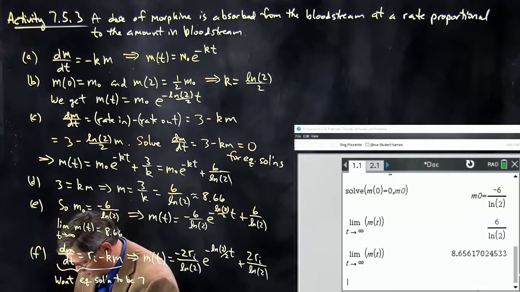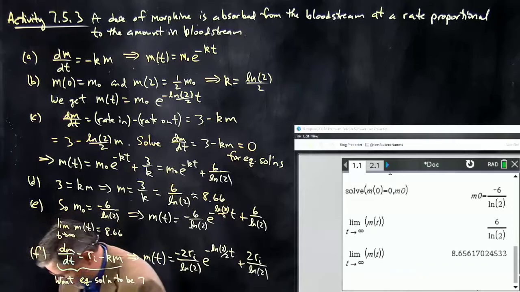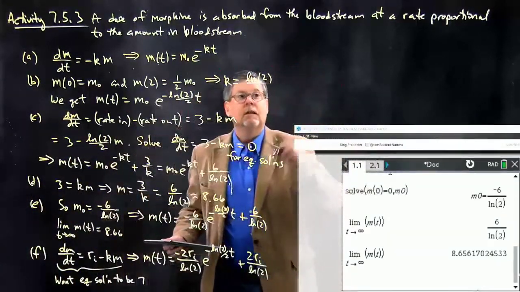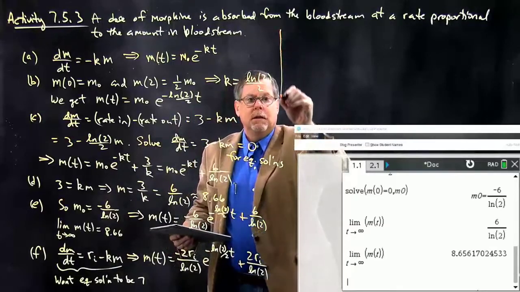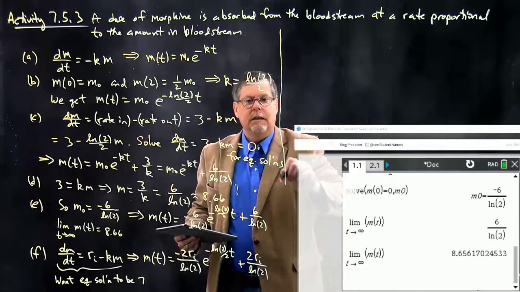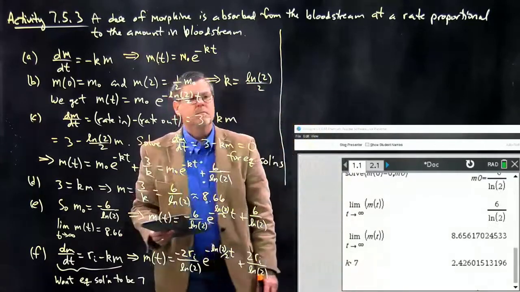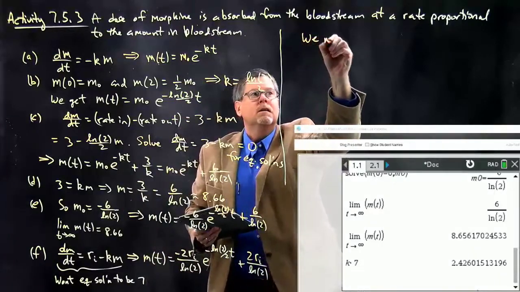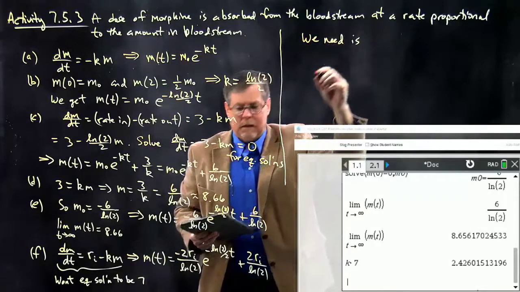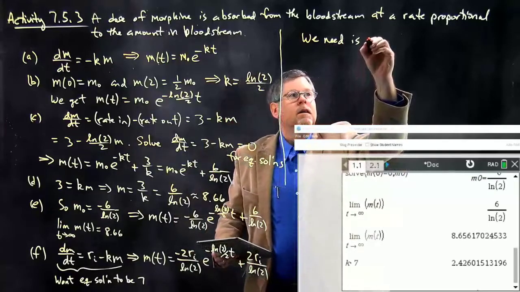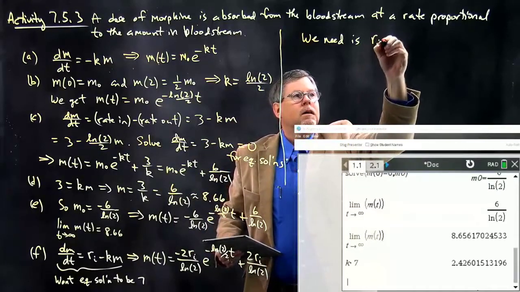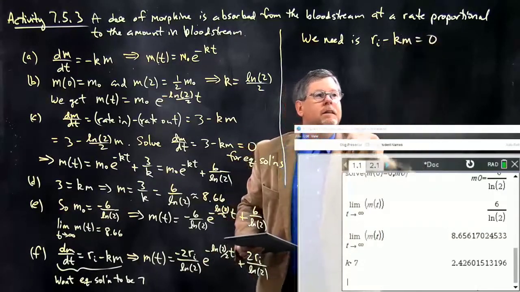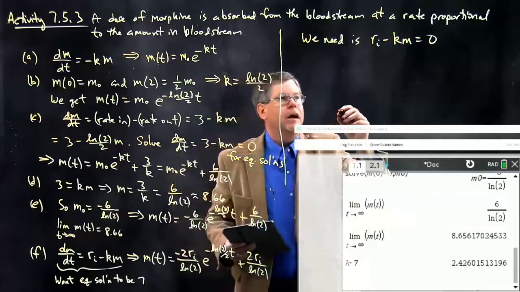Okay. So what we need is this slope to be 0. That's going to be the horizontal field line.